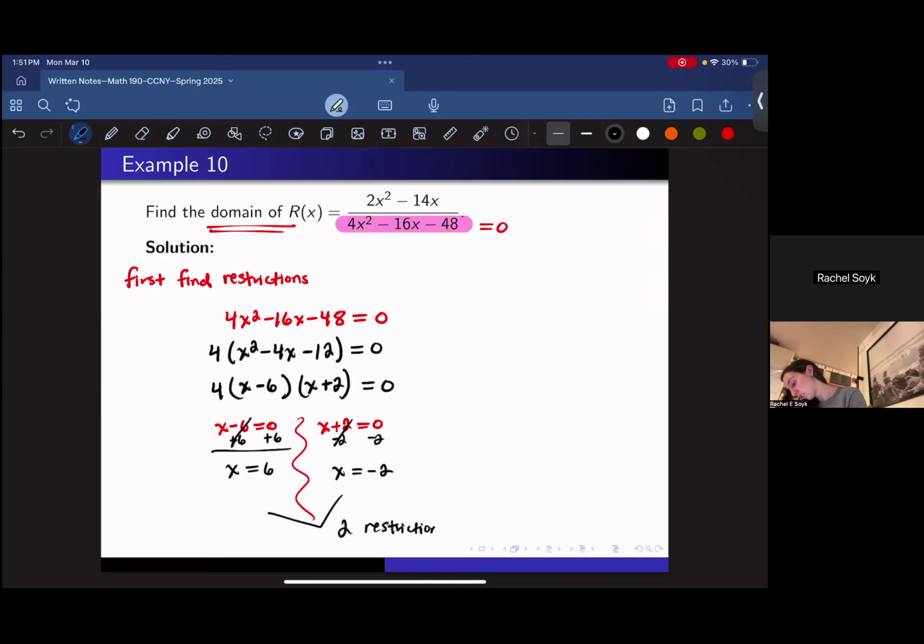Which tells us that x can't equal 6 or negative 2, because if it does, it makes our denominator 0, which makes it undefined. So therefore, what is our domain? Therefore, our domain must exclude these values.